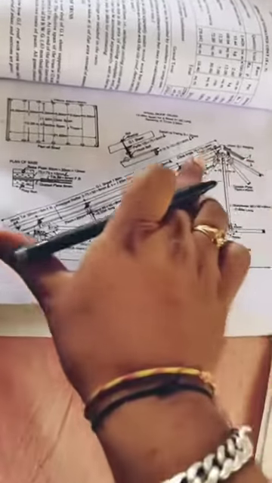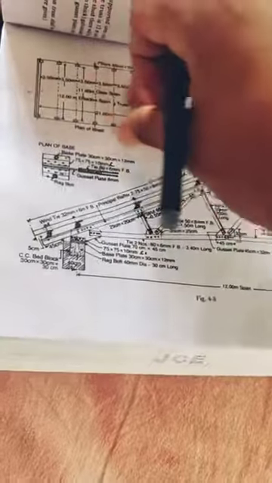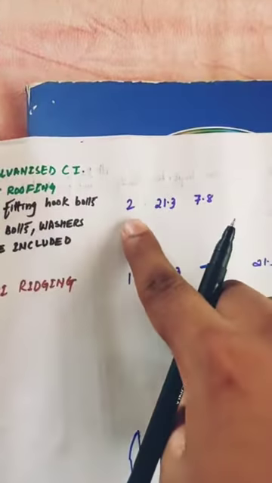So you have to calculate the total surface area of the GI sheet. You know this inclined length. If you just multiply that with the length, what will you get? You'll get the plan area of one side. Similarly, if you multiply that with 2, you'll get the area of the complete steel roof truss. I have taken two numbers because one sheet is this side, and the other sheet will be this side.